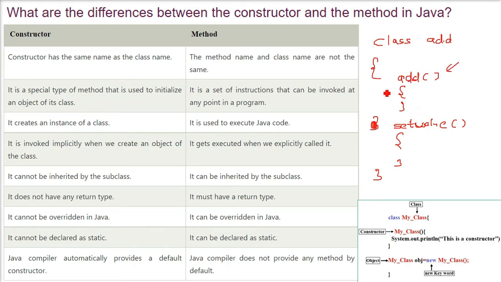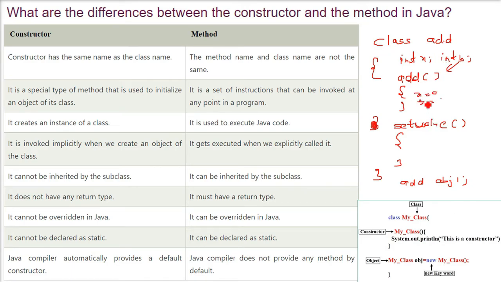Okay. See, the constructor is a special type of method which is used to initialize an object of its class. So whenever you make an object, if you have variables or certain other content here, you always want to initialize these values whenever you create an object, and that is only possible when you have a constructor.